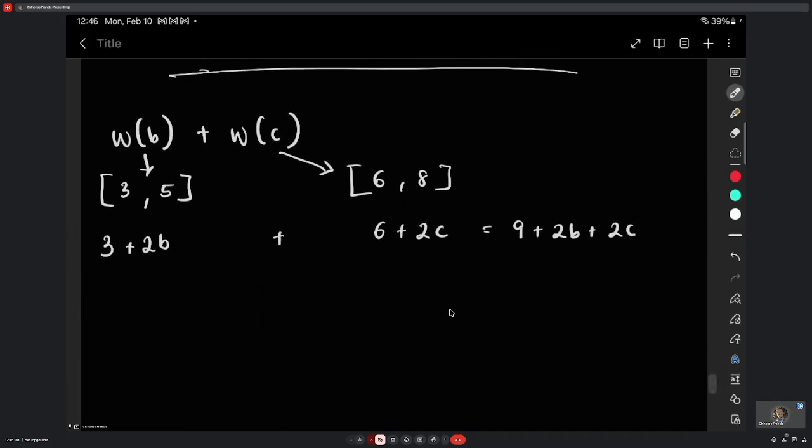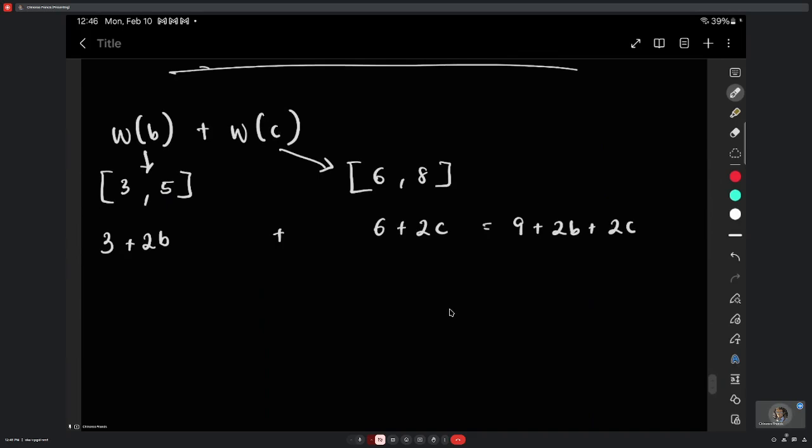Okay, so we got a polynomial in two variables. To represent a polynomial in two variables, we actually need to evaluate that polynomial over the Boolean hypercube in two variables. So if we want to represent this polynomial, we are going to have an array with how many values? 4 values.